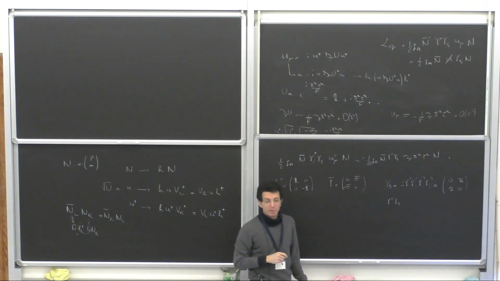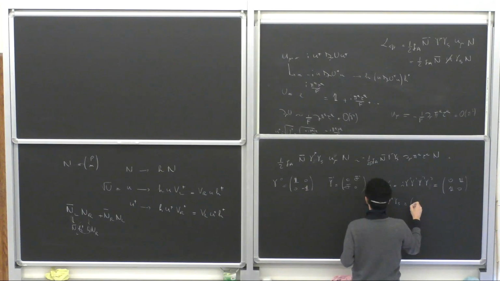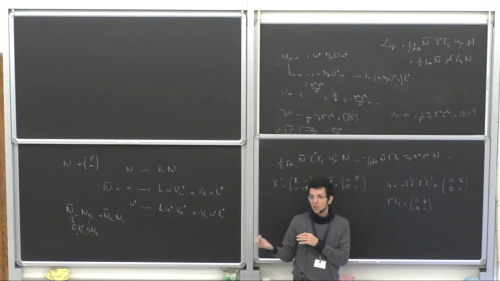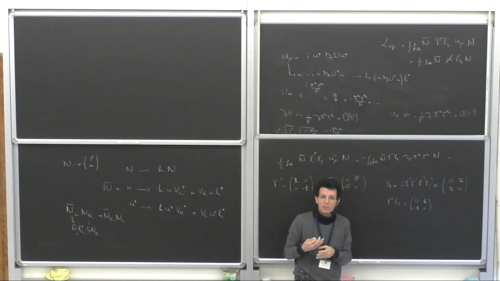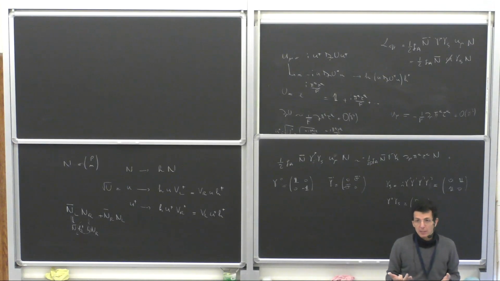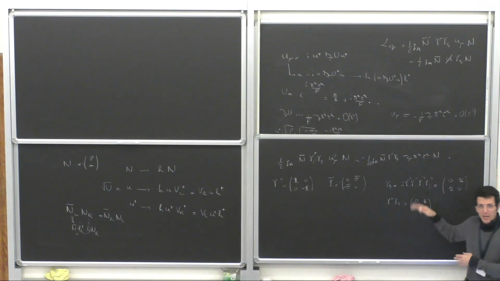And gamma 0, gamma 5 is nothing but 0, 1, minus 1, 0. So it's a matrix which mixes the large and small components of the spinors appearing in the expression of the nucleon fields. Remember, large and small components have additional factors of momenta, of soft momenta in this case. So they will contribute at higher order.